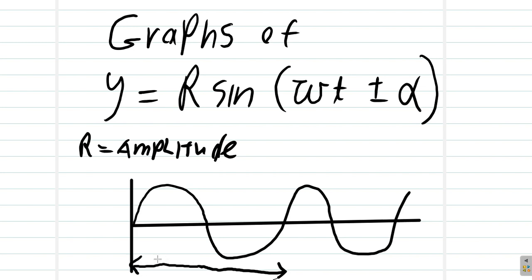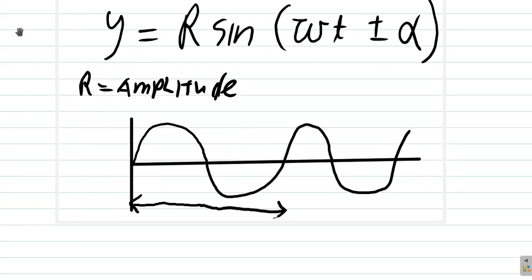That goes through a cycle, and it keeps repeating itself. The cycle goes from 0 to maximum, maximum back to 0, 0 to minimum, minimum back to 0. Then it goes from 0 to maximum again. What happened here repeats and starts happening again right here. This is one cycle.